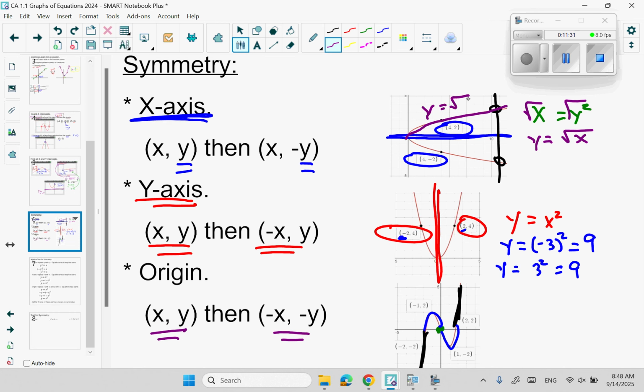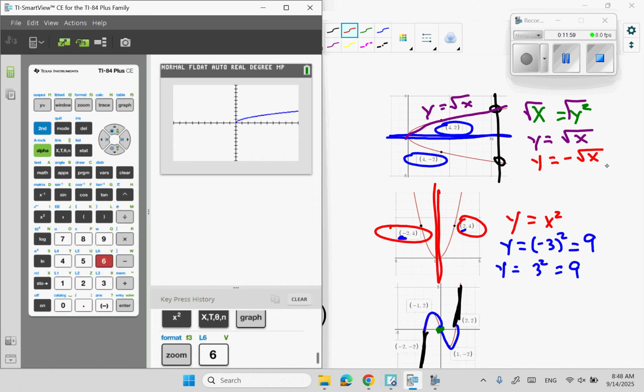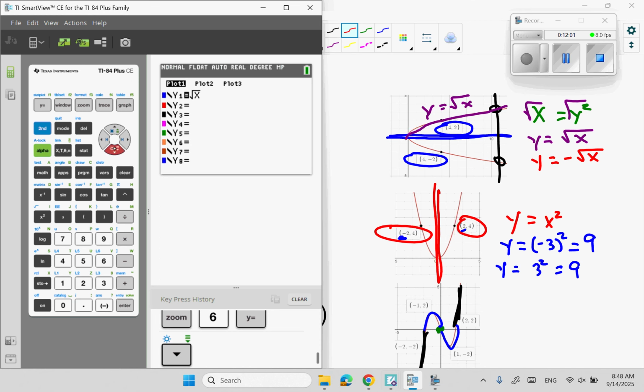Y equals the square root of x. Well, as it turns out, I can't get the bottom part because that would fail the vertical line test, which means this whole thing can't be one function. However, that does not mean the whole thing can't be two different functions. Now remember, we square rooted manually. What do we have to consider when we square root manually? We have to consider positive and negative. So I'm just going to graph y equals negative square root of x as a separate function.